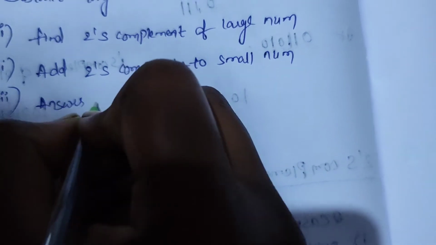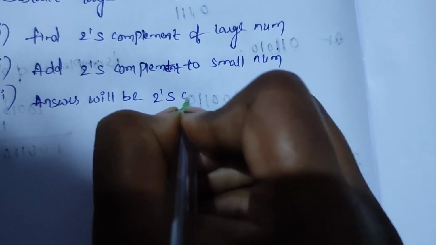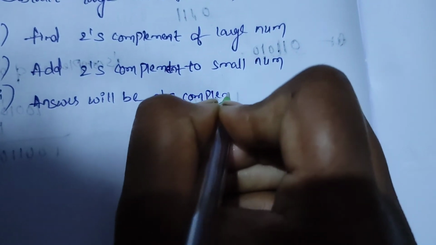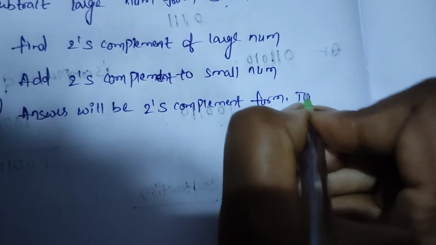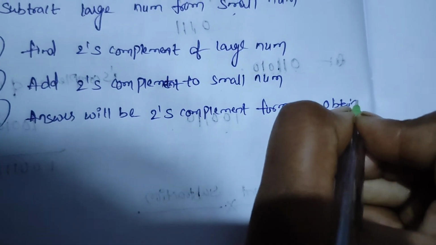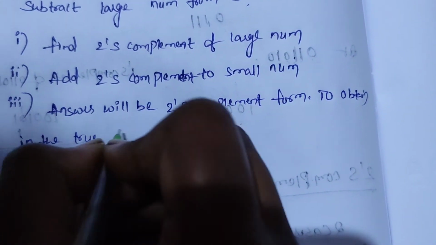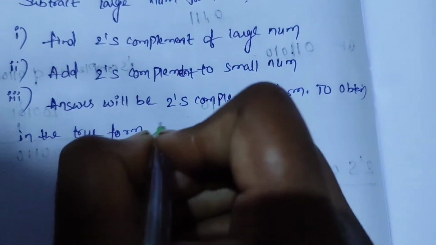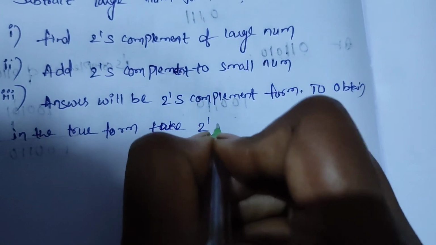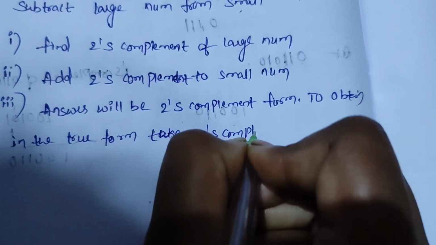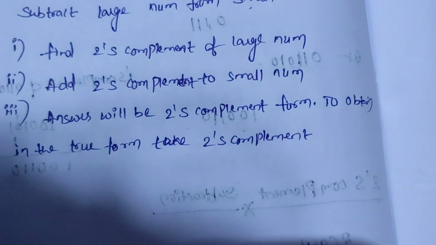The answer will be in 2's complement form. To obtain it in true form, take the 2's complement of the answer and assign a negative sign to it.